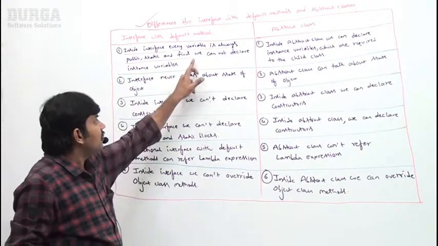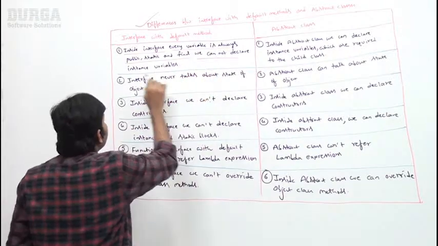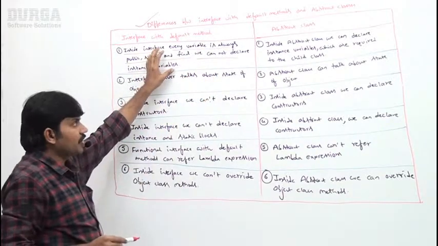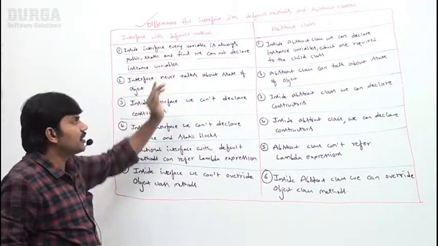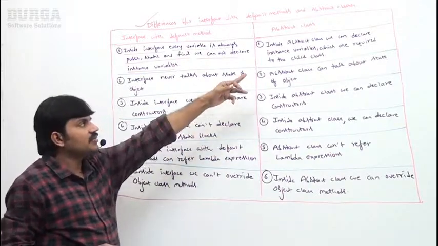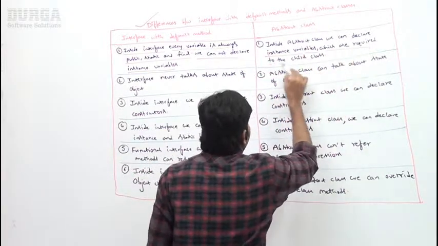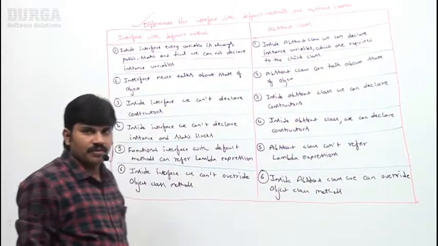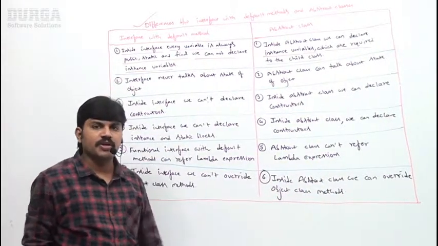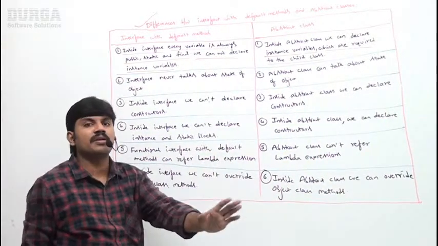We can't declare instance variables. It's not possible to declare instance variables. But inside an abstract class, we can declare instance variables which are required by the child class, available by default to every child class.